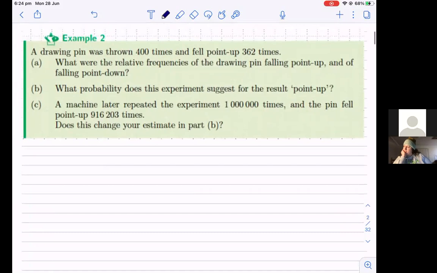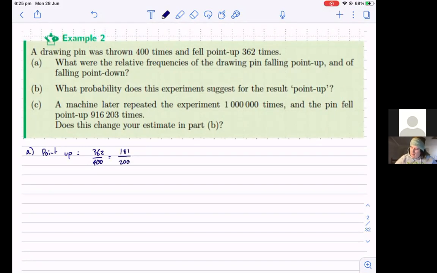All right, drawing pins thrown 400 times and fell point up 362 times. What's the relative frequency of the drawing pin falling point up and point down? Okay, so relative frequency for a large enough sample size is pretty much probability. So point up, we have 362 over 400, which is 181 over 200.